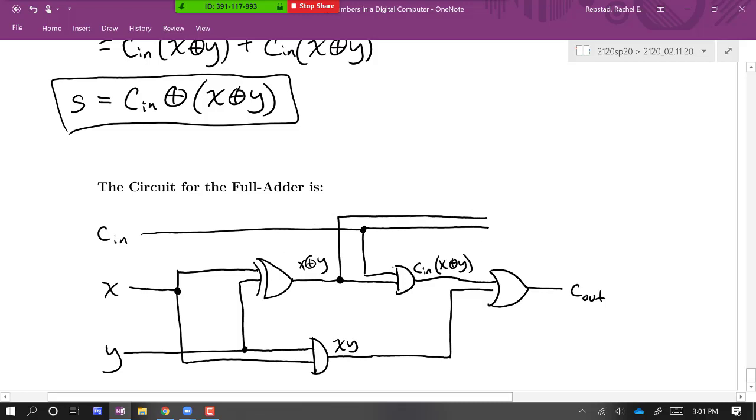So there's the carry in, and then the X XOR Y, and these are going through an XOR gate. How's that? Not too bad? Okay. That's the end of chapter 3, I think, right?